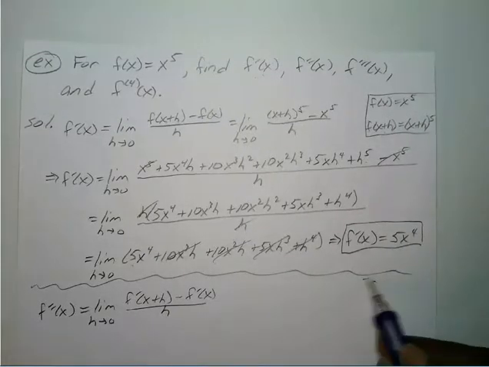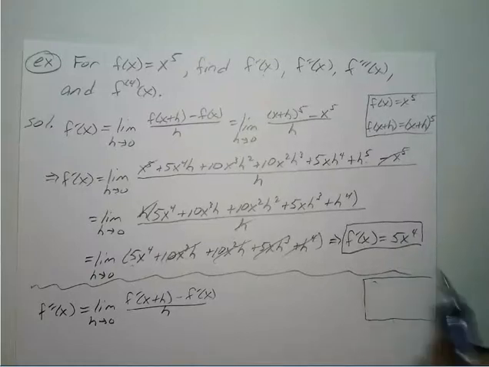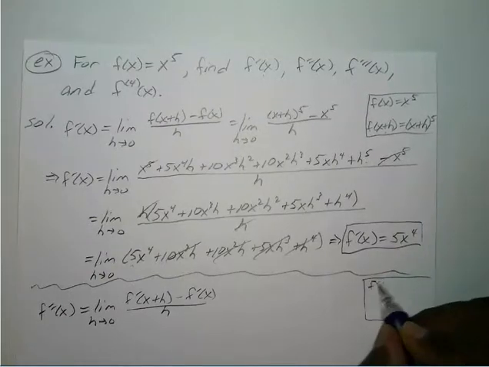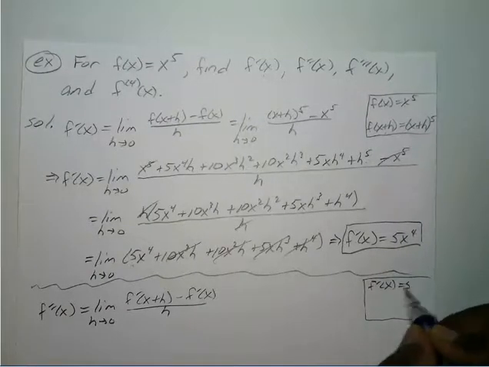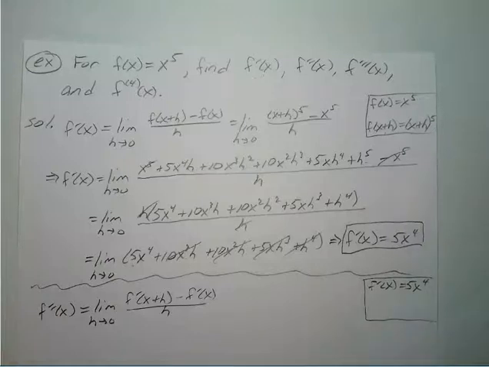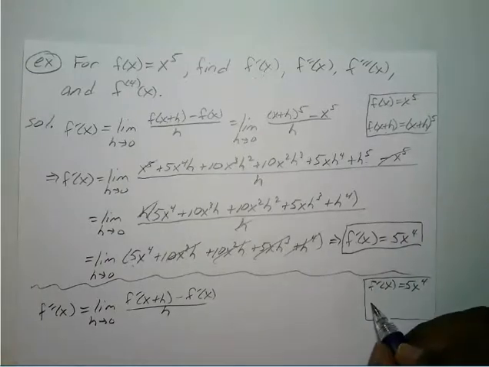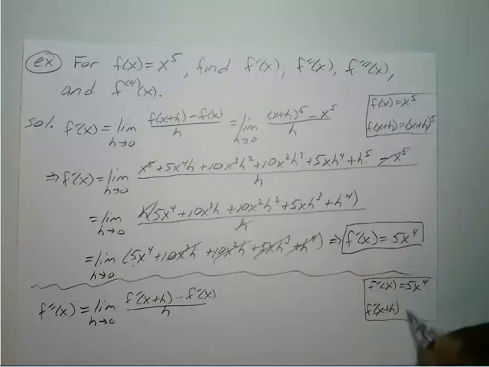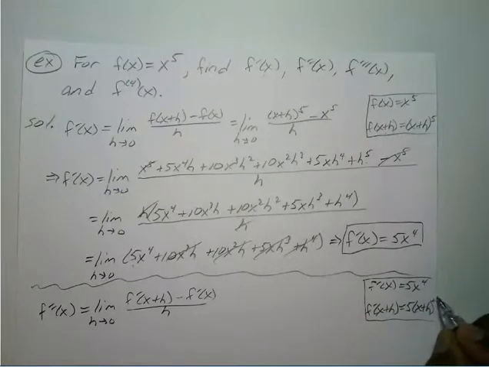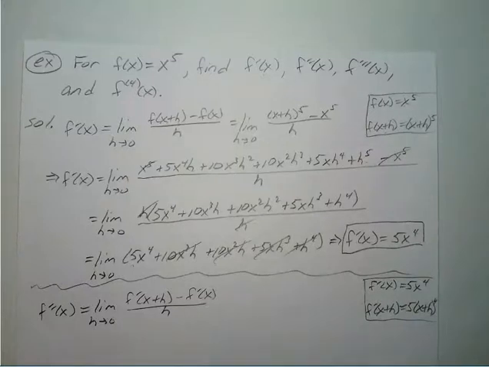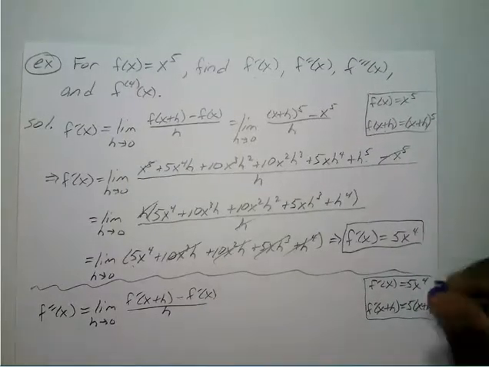So we can see here that f prime of x equals 5x to the fourth power. That means f prime of x plus h equals 5 times x plus h to the fourth power. Let me clean that up just a smidgen.